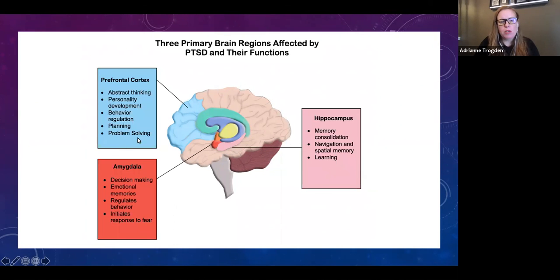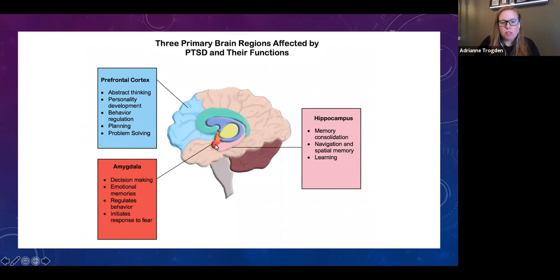So think about that when you're exposed to maybe some of those adverse childhood experiences that we just spoke about, and that trauma, how it in fact impacts this prefrontal cortex. Wow, with abstract thinking, problem solving, behavior regulation, sounds kind of like addiction, doesn't it? That there may be some impulse control issues going on there, trouble making decisions that are healthy, speaking to that problem solving element. So that's one area of the brain.